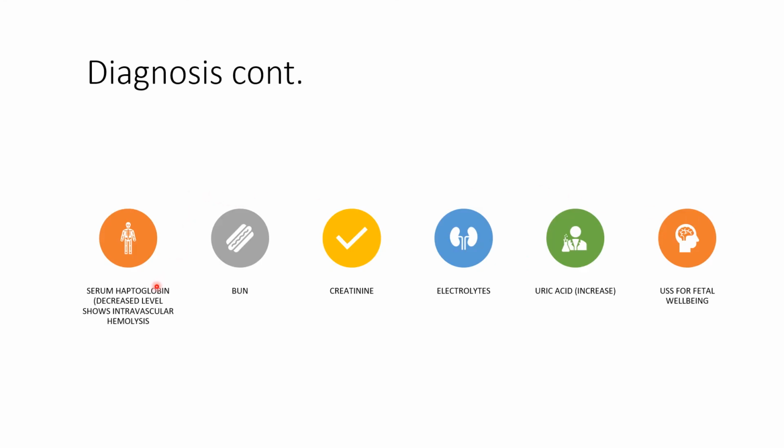Still on diagnosis, serum haptoglobin will experience decreased level, and that will be showing us that there is an ongoing intravascular hemolysis. Blood urea nitrogen, creatinine, electrolytes, uric acid will be on the increase, and ultrasound for fetal well-being will be necessary.